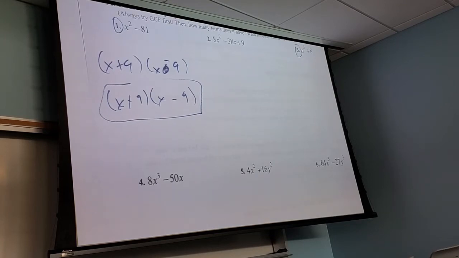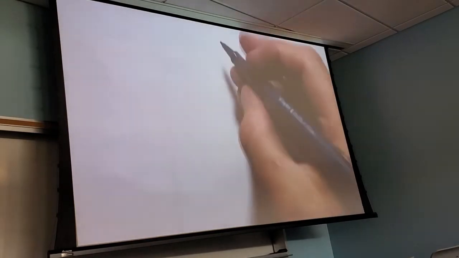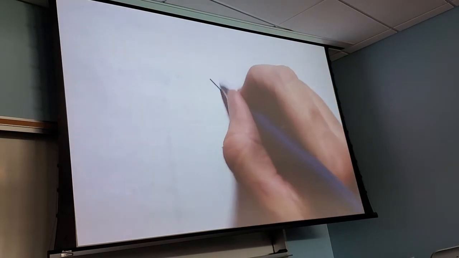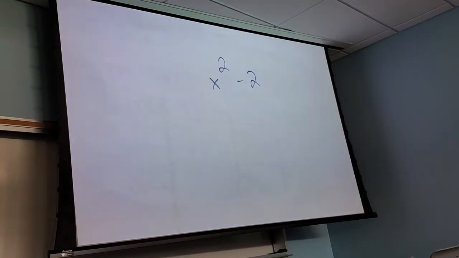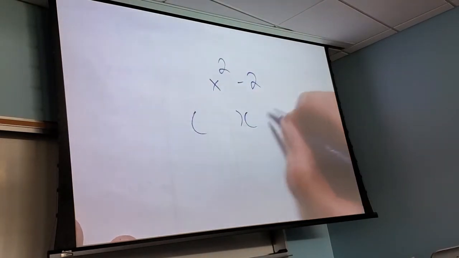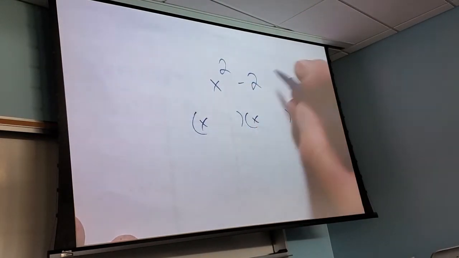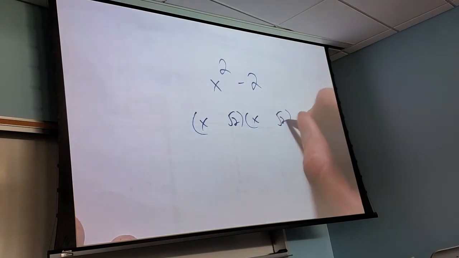Real quick, I want to show you a couple of little extra things about squares. Watch this. Can you factor this? Half of x squared, half of 2, plus minus.